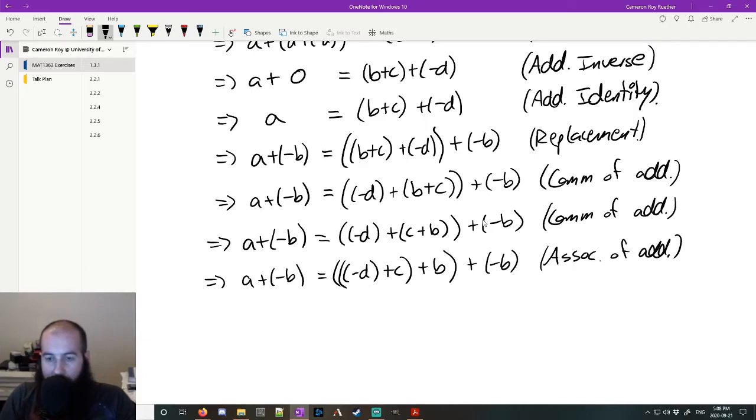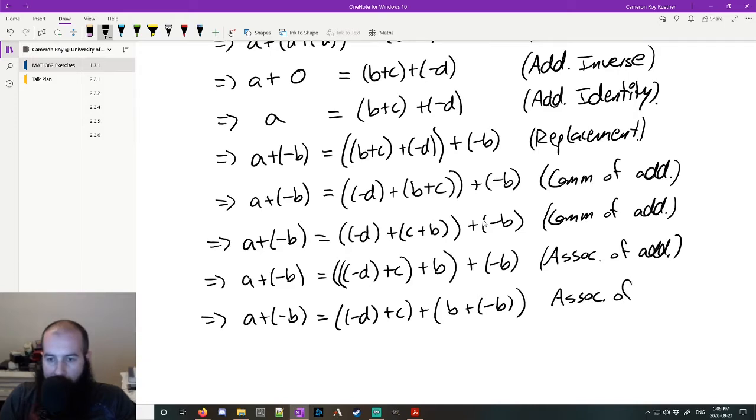It's associativity, and we can apply associativity again now to move these outermost brackets around the b and the negative b. So we get this. By associativity.